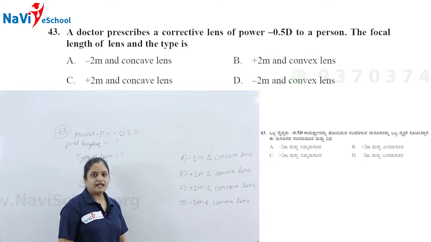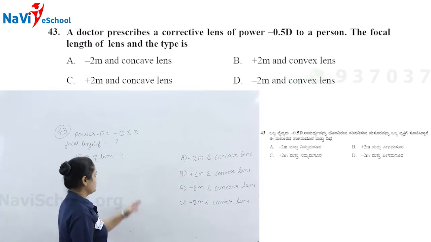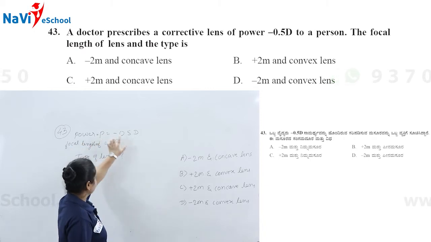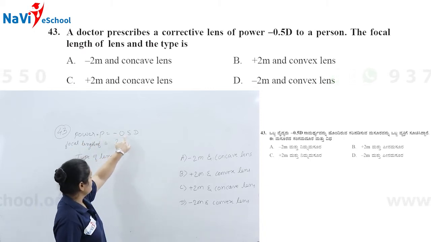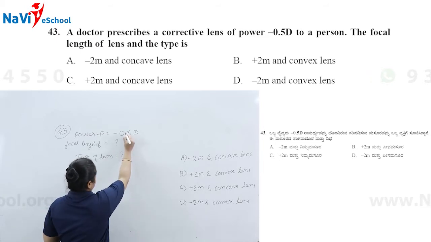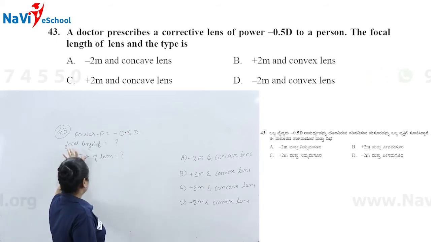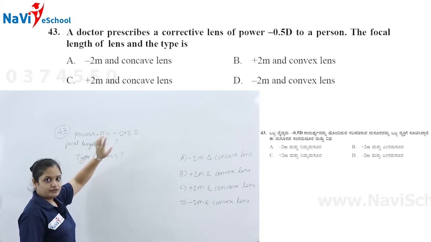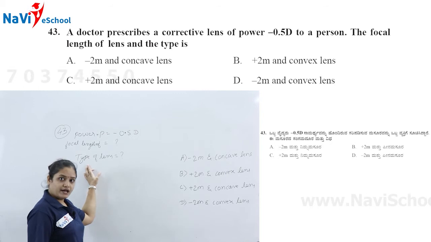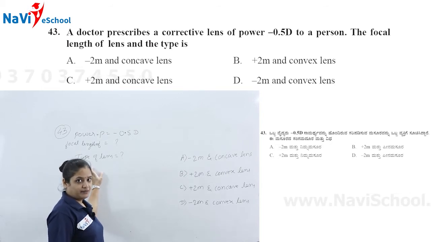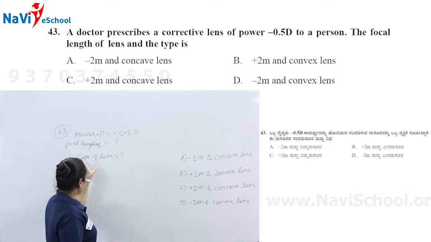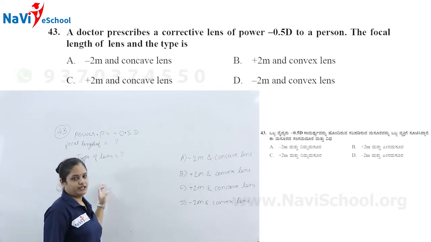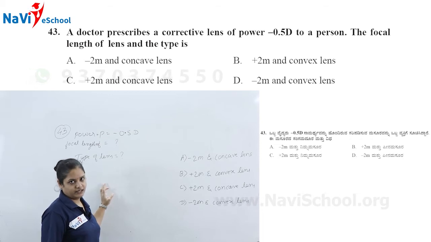So here children, according to the question, the doctor prescribes a corrective lens of power P is equal to minus 0.5 D, isn't it? So here we have to find out the focal length, means f is equal to question mark, and even we have to know the type of the lens. If we come to know about the focal length, then we can tell the type of the lens.